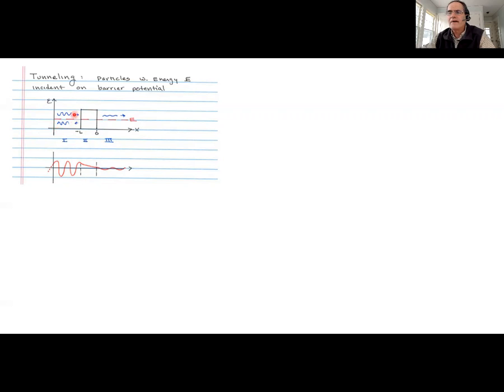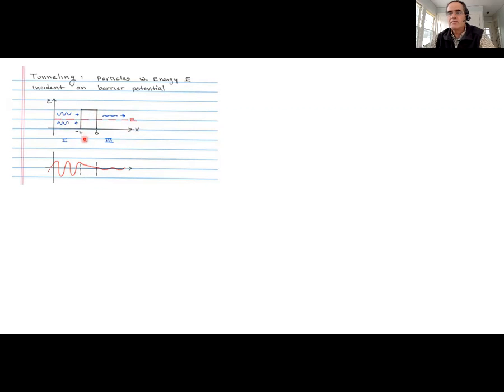Once again, we're going to divide the problem into 3 regions. The region on the left, region 1, the barrier region, region 2, and the region on the right, region 3, okay? We suppose that in region 1, we have an incident wave, and we have the possibility of a reflected wave.